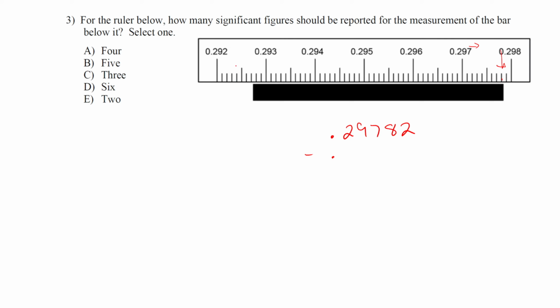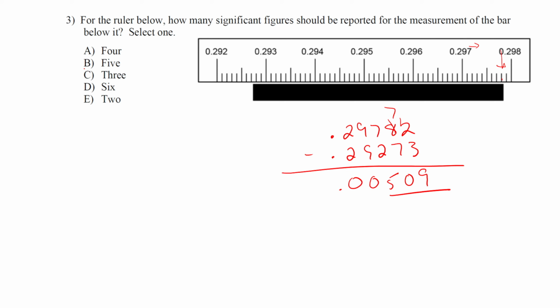And we're going to minus the beginning of the ruler, which is 292.7, and then 3 maybe? Something like that. I don't know. That gives us 0.905. That will give us 3 sig figs.